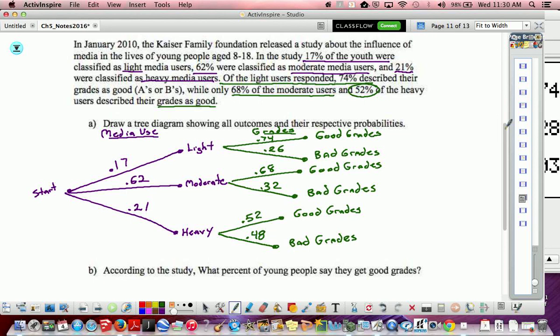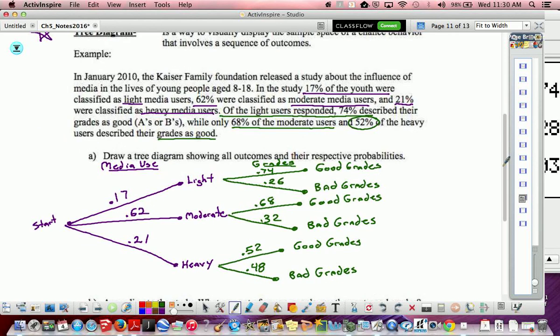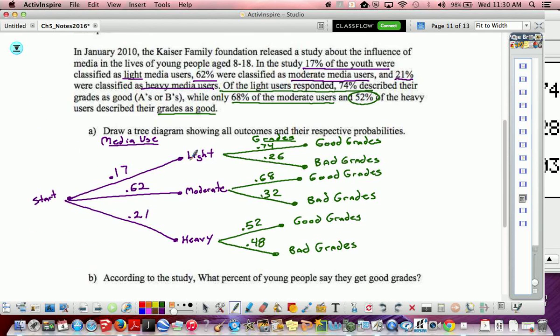I'm basically doing this calculation. The probability of a light user and good grades would be the probability of a light user times the probability of good grades given they're a light user. Well, that's probability of a light user. This is the probability of good grades given they are a light user.